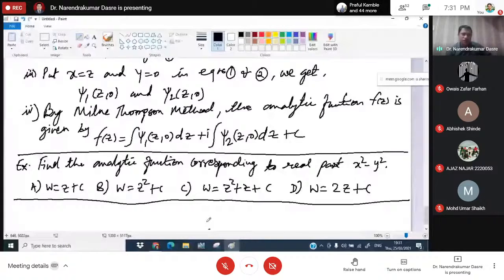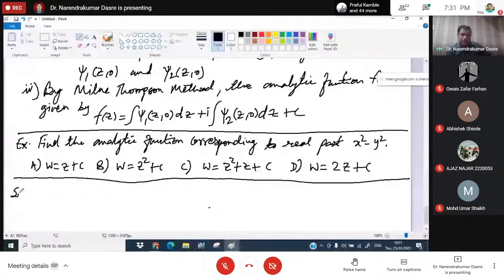Okay, so what we have here: f of z is equal to u plus iv. I am using the Milne-Thomson method and I am following exactly the 4 steps. The first step is: let f of z is equal to u plus iv be an analytic function with the real part.